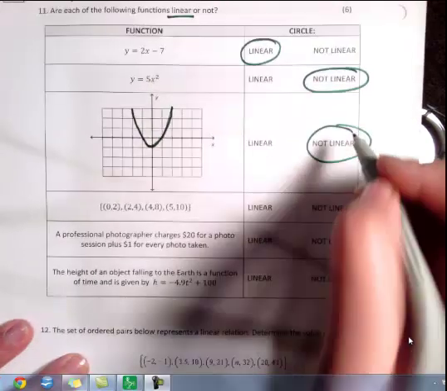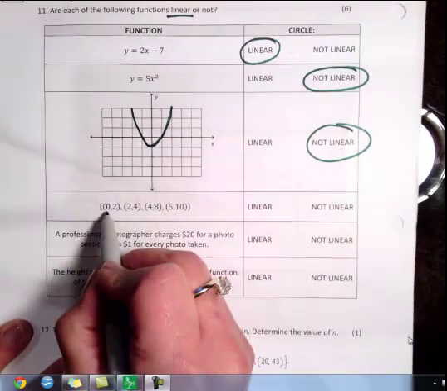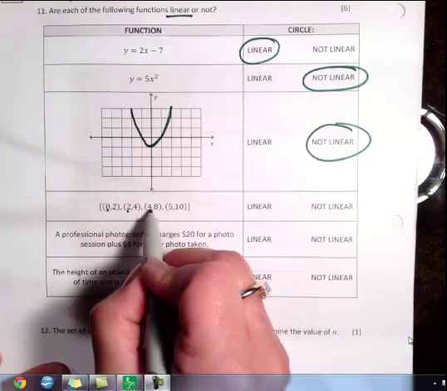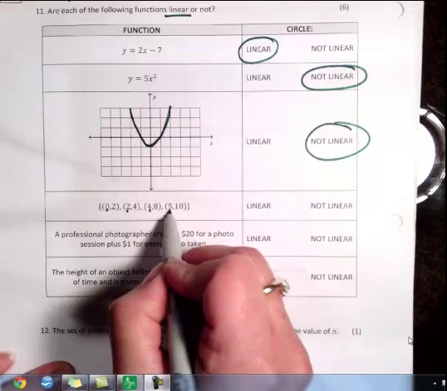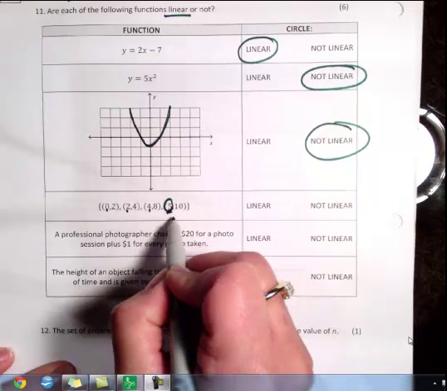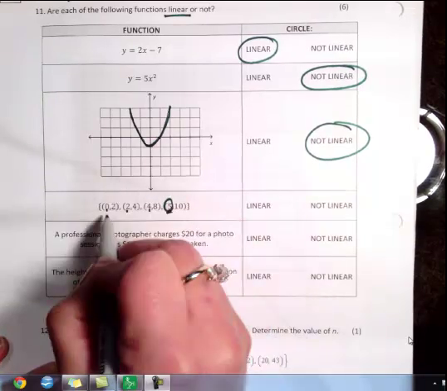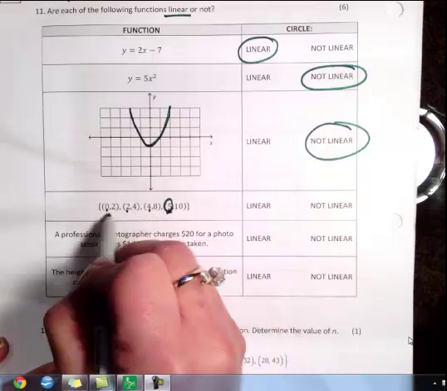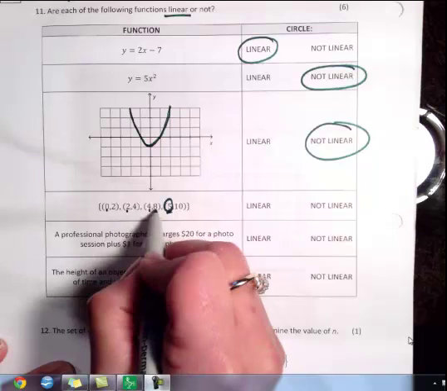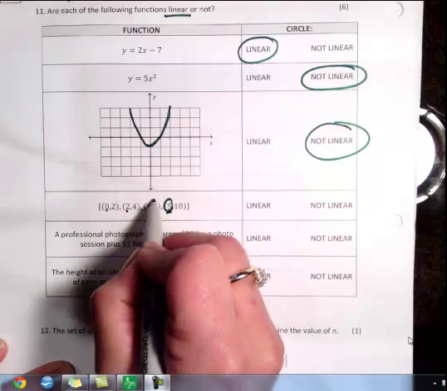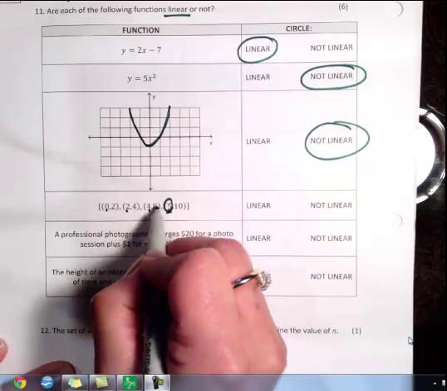Right here, if we look at this, we notice that these go up by 2 until here. Okay, problem. Let's see if this goes up by 2. That goes up by 2. That goes up by 2, 4, 8. Okay, so this kind of jumps 4 more from here.